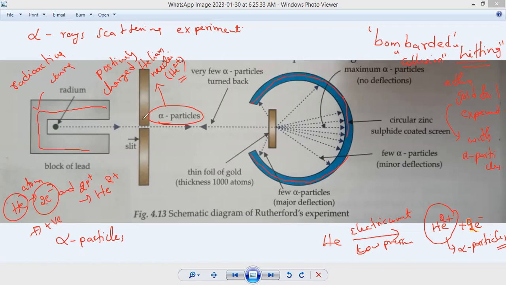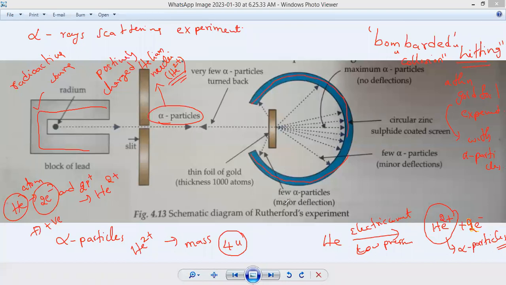Now remember all of you, this He2+ carries a mass. What is the atomic mass of He2+? 4U. What do you mean by 4U, guys? Anybody can tell me? What is the U? We studied it in the third chapter. Unified mass, sir.